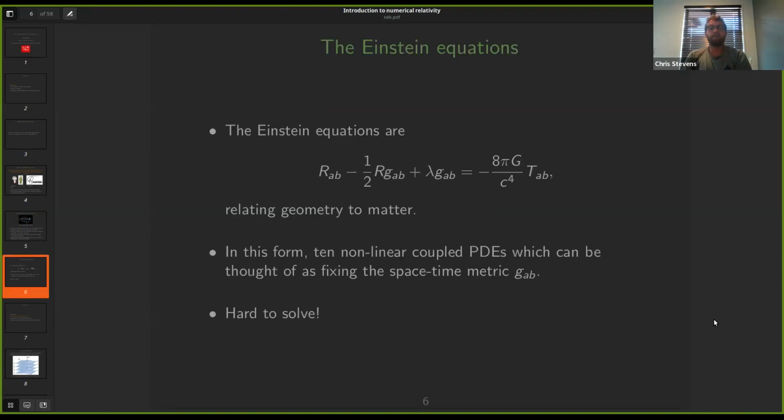All right, so you've seen it already today, but I should put in the Einstein equations, because this is the set of equations that we want to solve. We want to get the metric of the space-time, and that basically gives us everything that we want to know. The left-hand side here is the curvature that corresponds to the space-time, and the right-hand side is the energy momentum of the space-time, or the matter content.